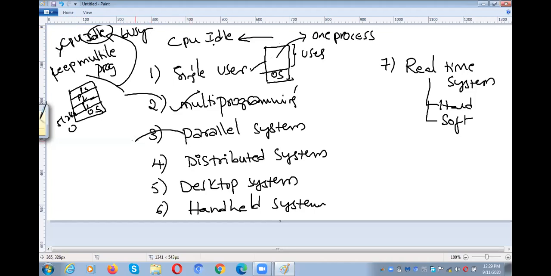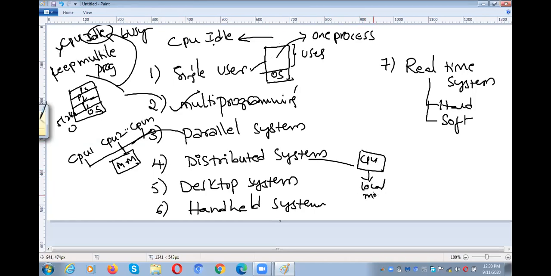Okay, and the next one, parallel systems. What are parallel systems? There are multiple processors but all the processors are connected to only a single main memory, one memory, right? Then coming to distributed systems. In a distributed system we also have multiple CPUs but each and every one has its own local memory.